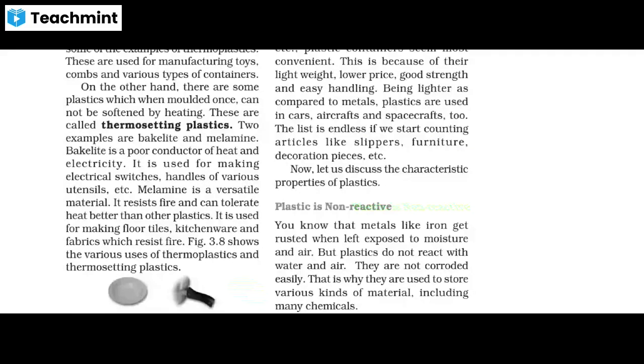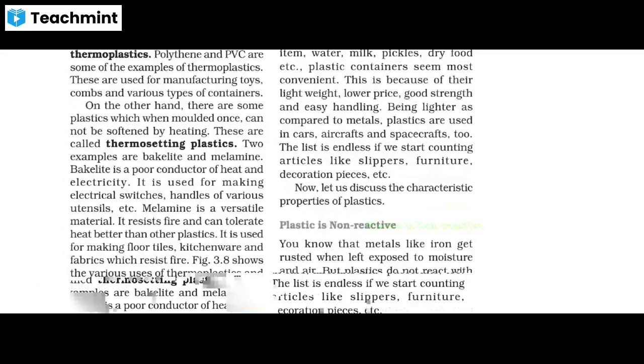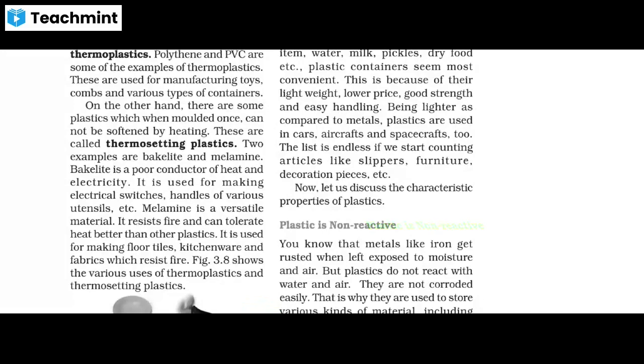Okay, let us consider here the two examples of thermosetting plastics: bakelite and melamine. So these two are the examples for thermosetting plastics.